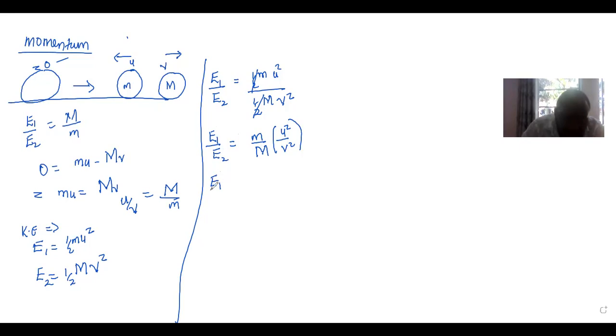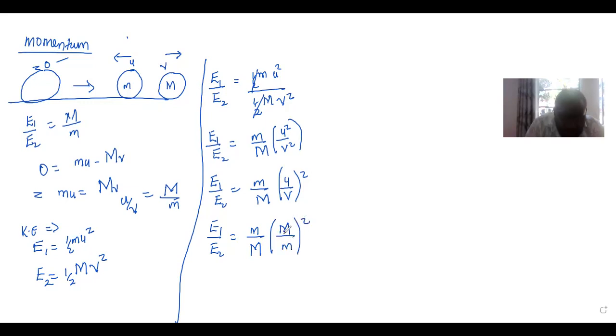With this, E1 over E2 is equal to small m over capital M into u over V, squared. Then E1 over E2 is small m over capital M into capital M over small m, squared.